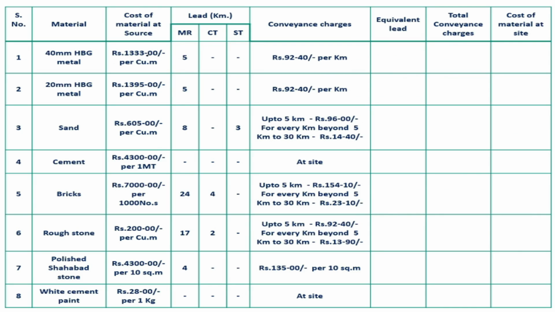Calculate the equivalent lead. So these are the actual distances from source to site. Here MR is metal road, CT is carter track, ST is the sandy track.